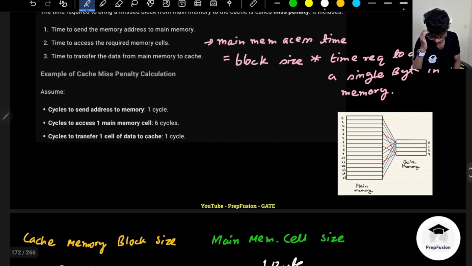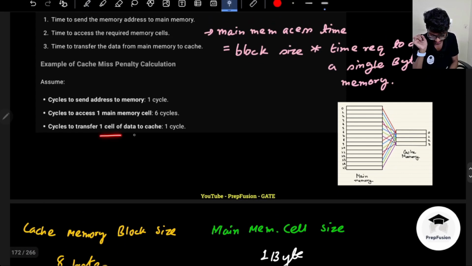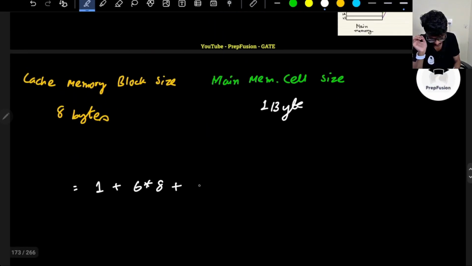To transfer one cell of data to cache, it will consume 1 cycle. But how many cells do I need to transfer?